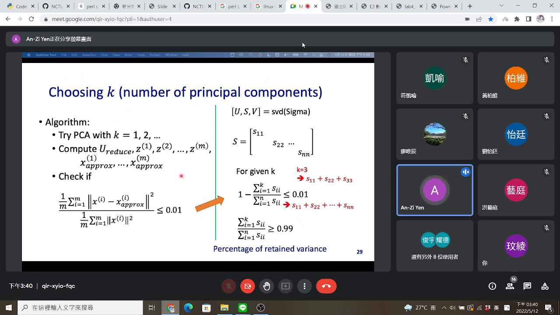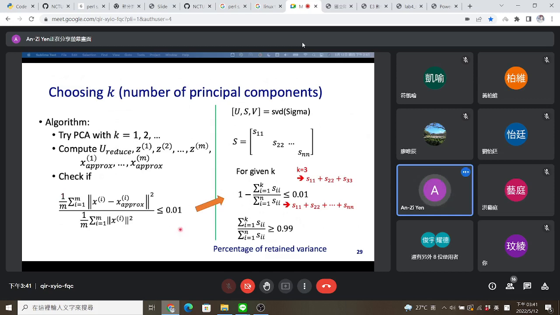The process is we compute z1, z2 up to zn, and we compute all of those x1 approximate and so on up to xn approximate, and then we check if 99% of variance is retained.